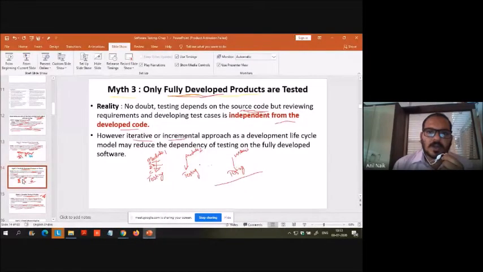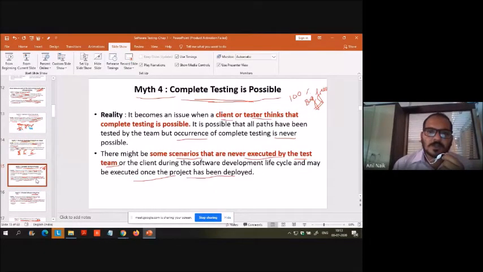Then, only fully developed products are tested. No doubt testing depends upon the source code, but in the different phases we are doing verification, validation and so on, so we are testing the modules also.